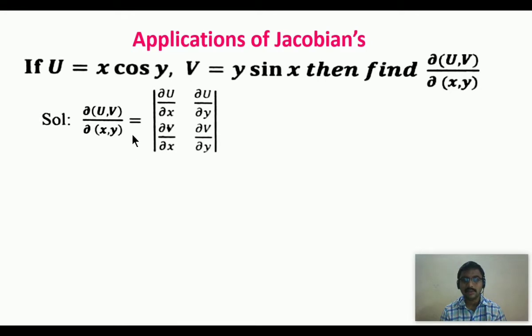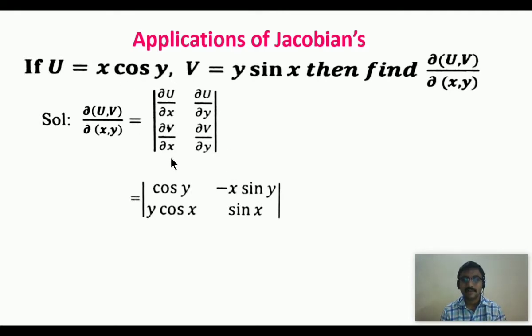To compute this Jacobian, we need these partial derivatives. Partial derivative of u with respect to x: while differentiating partially with respect to x, keep y as constant. Cos y is constant, x derivative is 1. ∂u/∂y: differentiating u partially with respect to y, keep x as constant. x constant, cos y derivative is minus sin y.